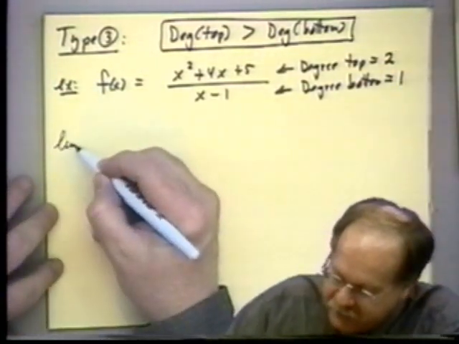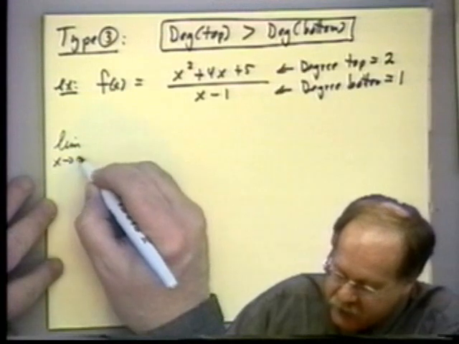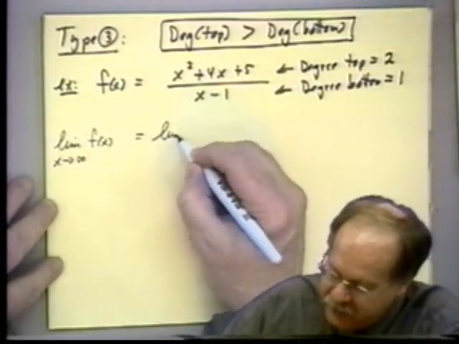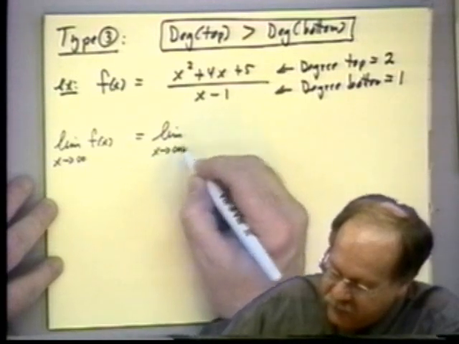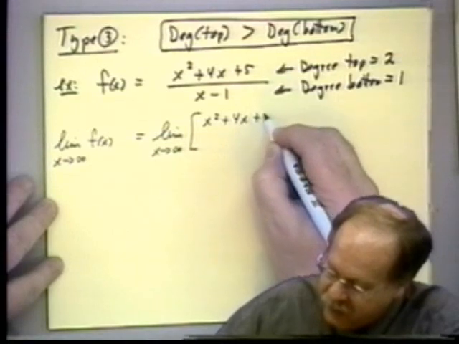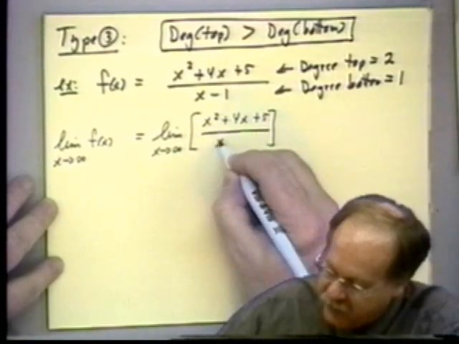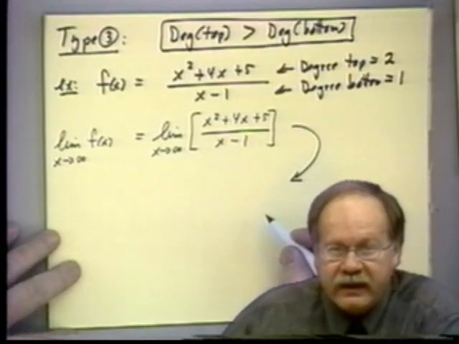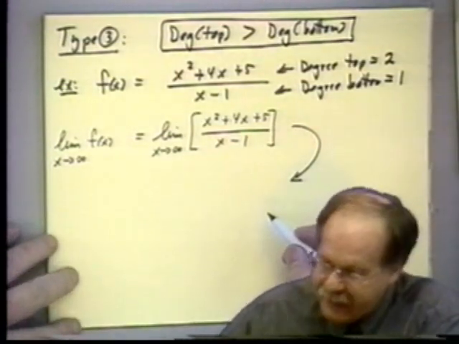So let's see what happens as we take the limit as x goes to infinity once again of this function. So we'll have the limit as x goes to infinity of this rational function, x squared plus 4x plus 5 all over x minus 1. We'll use exactly the same technique. It worked before. Let's try it again.